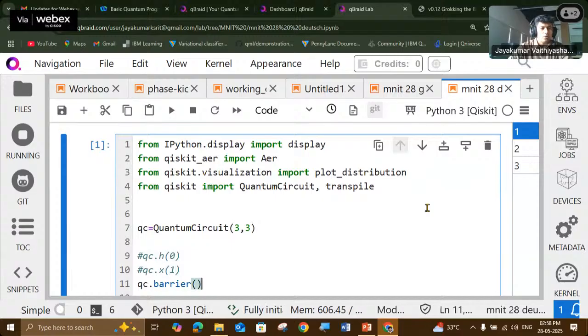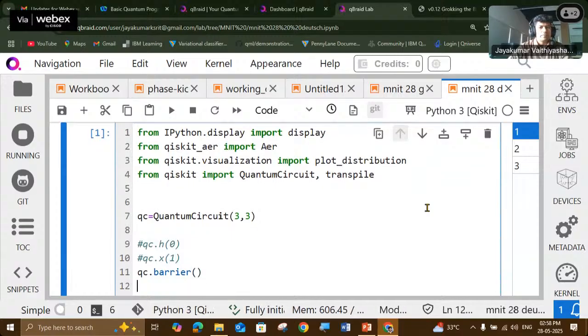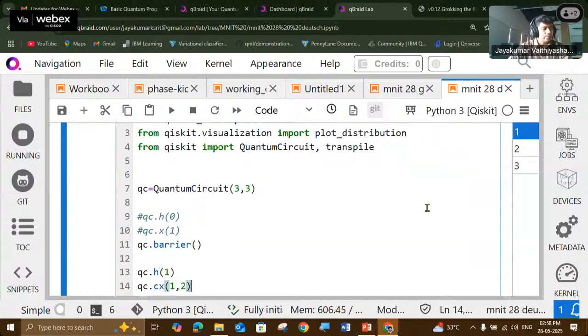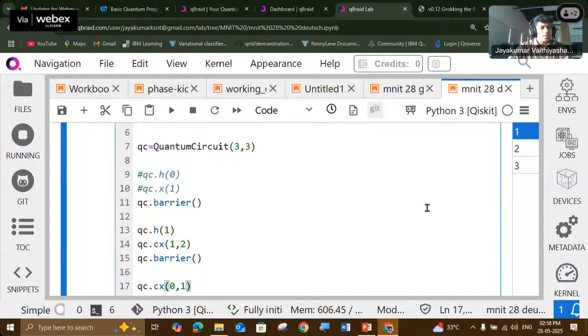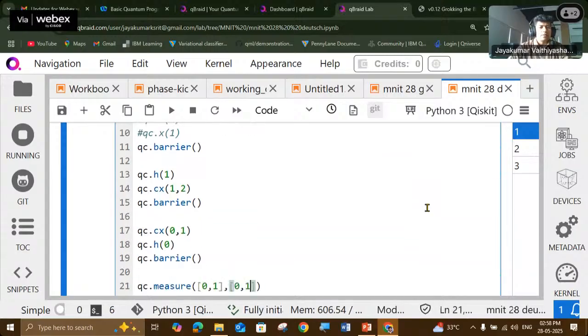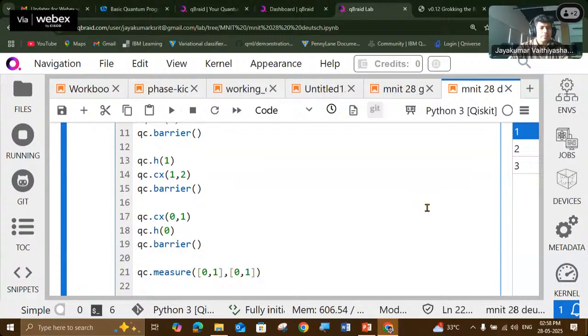It is up to you how you want to maintain. So next we are going to implement h of 1 and control not 1 comma 2, and we are applying a barrier, and this is the whole circuit, right?